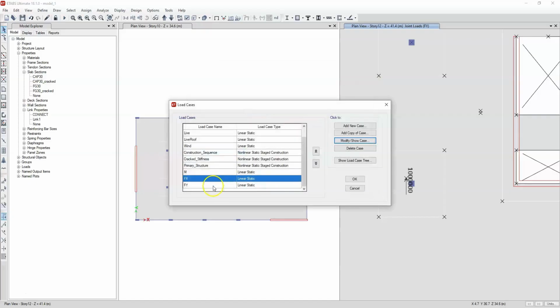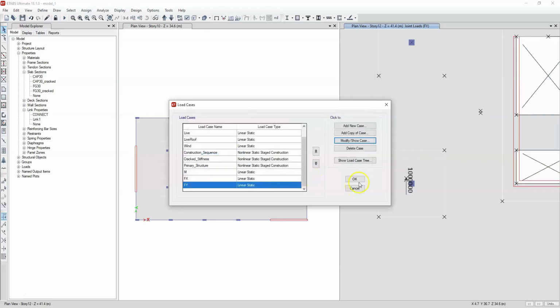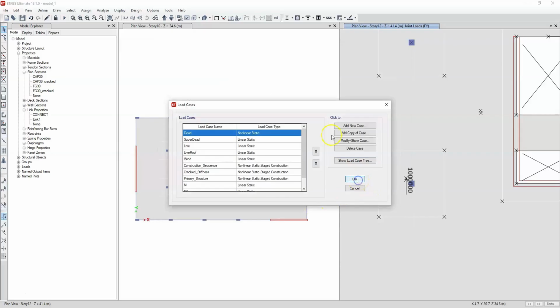And therefore, each of these three load cases must start from the nonlinear analysis of the final stiffness of each cracked analysis case. And we are also going to take the opportunity to change the modal analysis so that this modal analysis can start from this nonlinear load case.